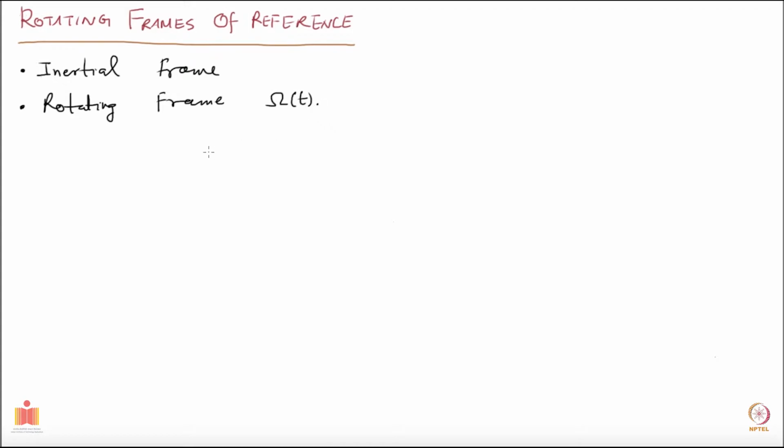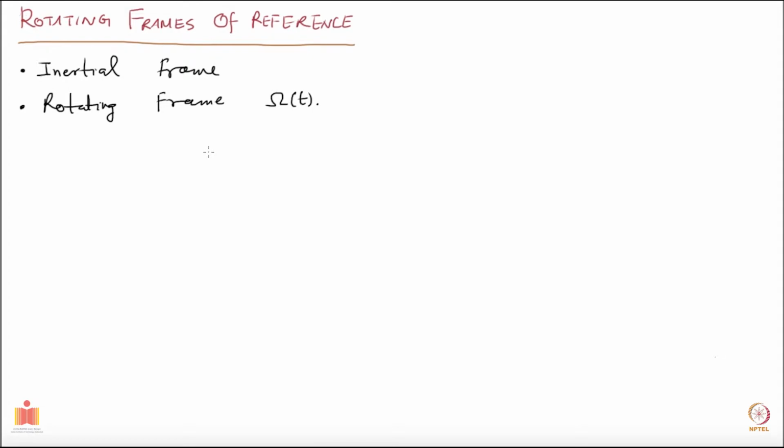And what we want to ask is, if there is a vector given to us and we are looking at its change with time, so if I am looking at the time derivative of A in the inertial frame, what is the relation of this time derivative with the time derivative in the rotating frame?